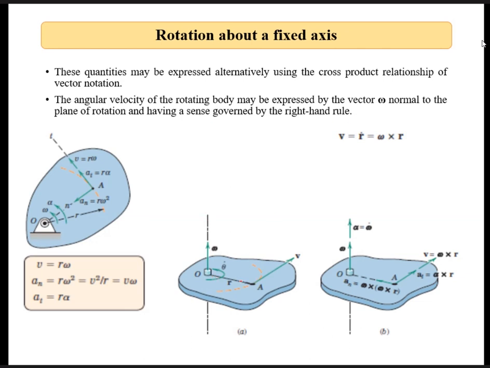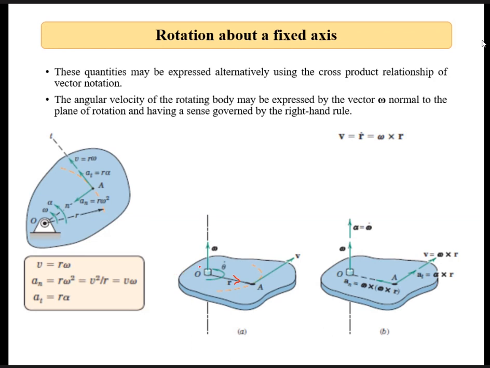So this is R, along this direction you have V, and from the right hand rule we get omega in this direction. Now the velocity V can be described as R dot, which is nothing but omega cross R. Mathematically we have seen that V is equal to R omega.